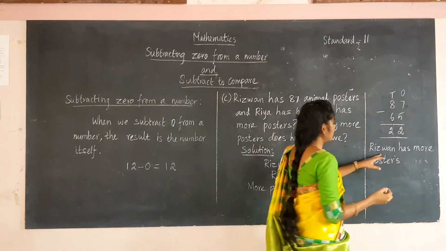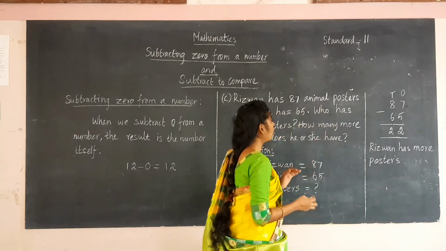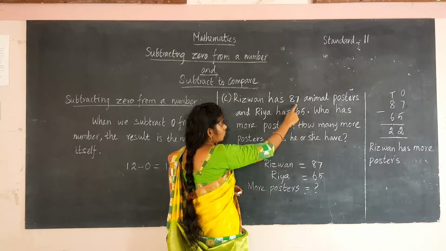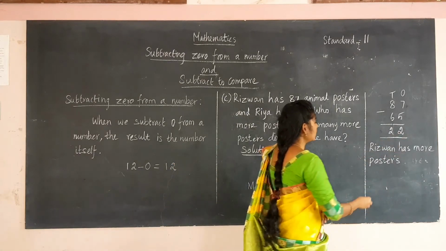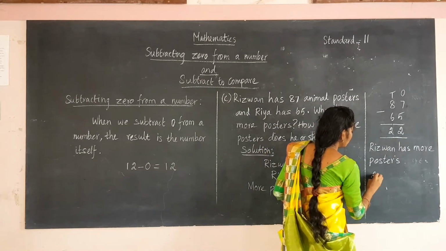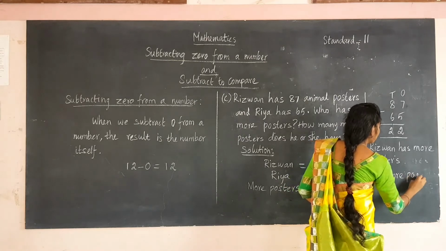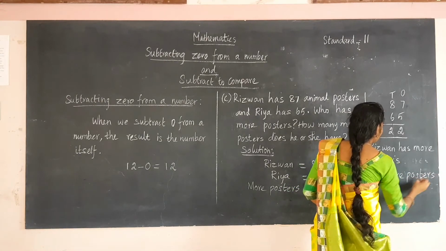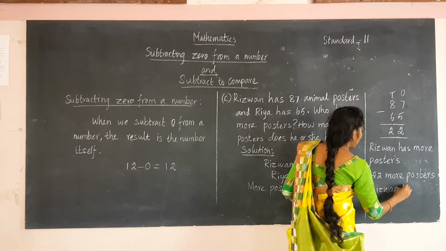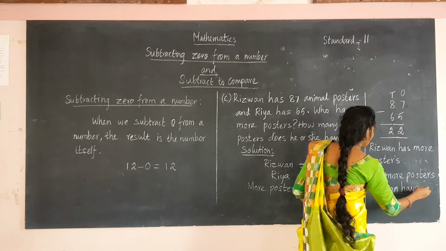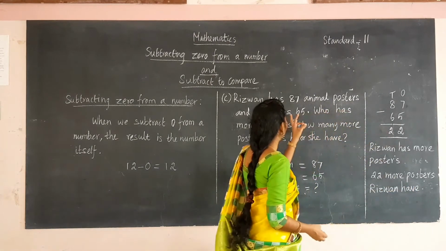So this will be the answer for the first question. Rizwan has more posters. So how many more have we found? By subtracting these two numbers, we have found 22. So write the answer as 22 more posters Rizwan has than Riya.